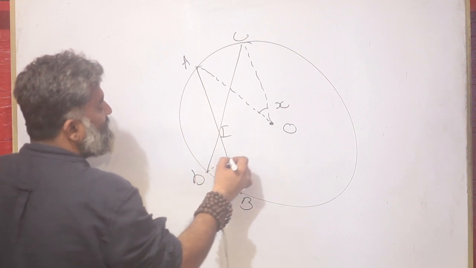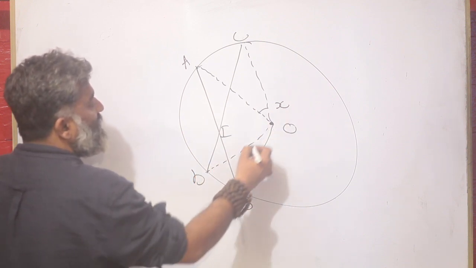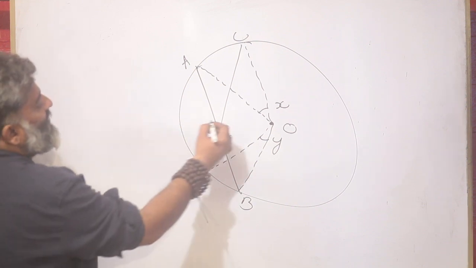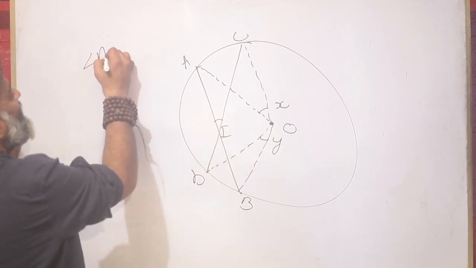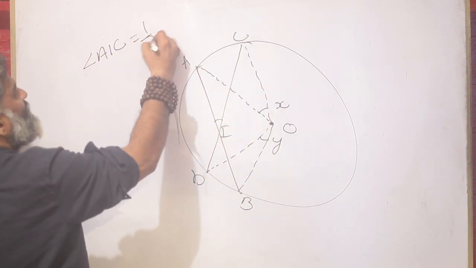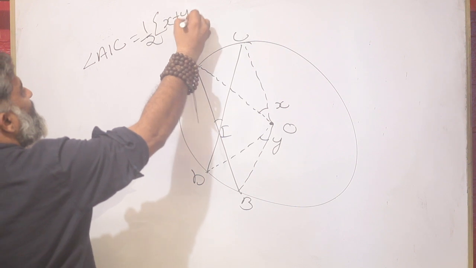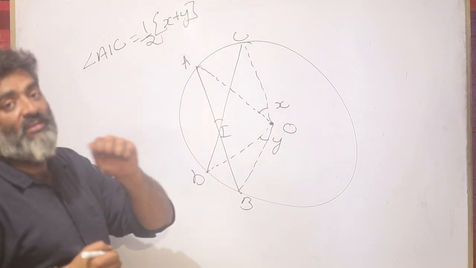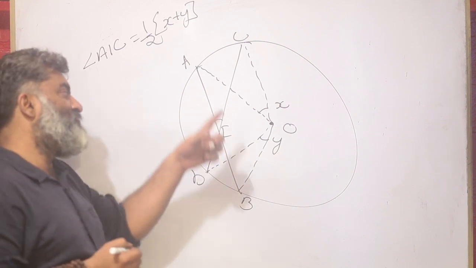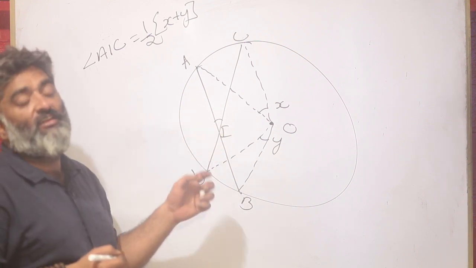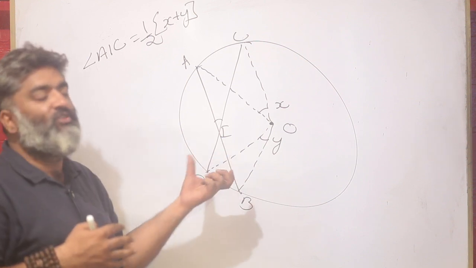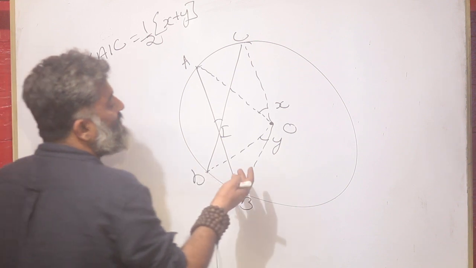And similarly, this segment DB creating an angle Y at the center. I want to know why this angle AIC is equal to half of X plus Y. Perhaps you can hit pause and try and work out this by yourself. You might have to draw a couple of lines here and there, but it is always a good idea to try and challenge yourself first before looking at any kind of solution or discussion.